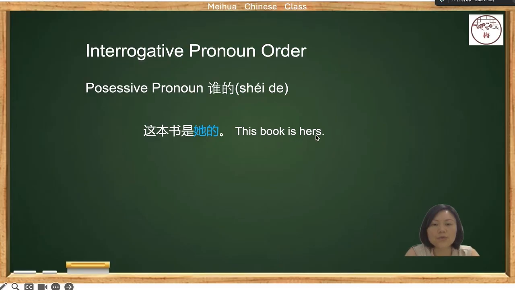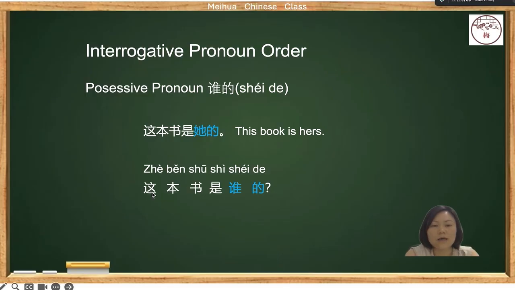This book is hers. This is a one-to-one translation, so you can better understand the sentence structure for the Chinese. This book is hers. Now I want to ask about the possessive part.